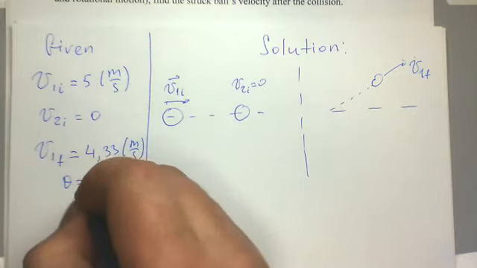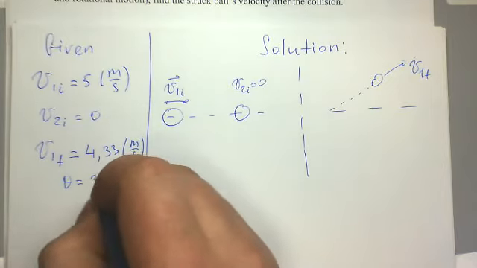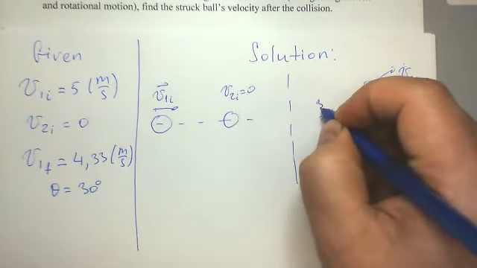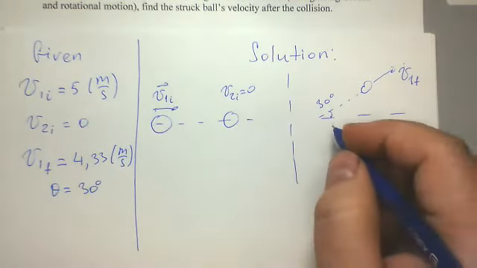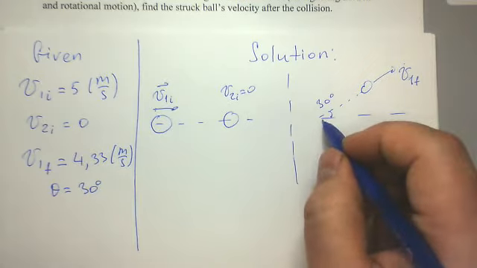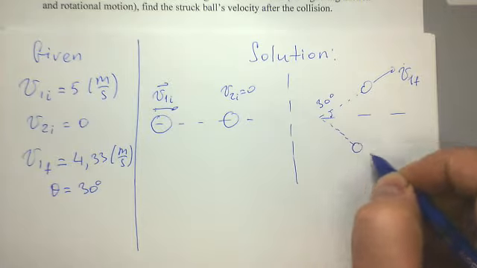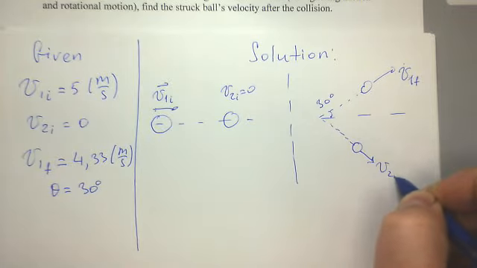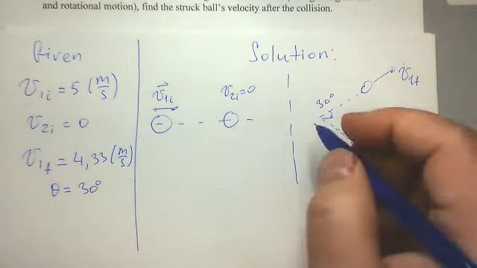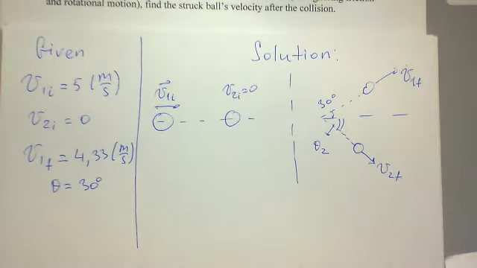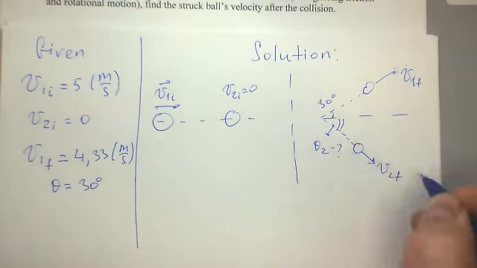And theta, the angle with respect to the initial line, is 30 degrees. And the second ball is moving somewhere that we have to find. It moves with a different final speed and has a different angle, theta 2, and we need to find this theta 2 in absolute value.